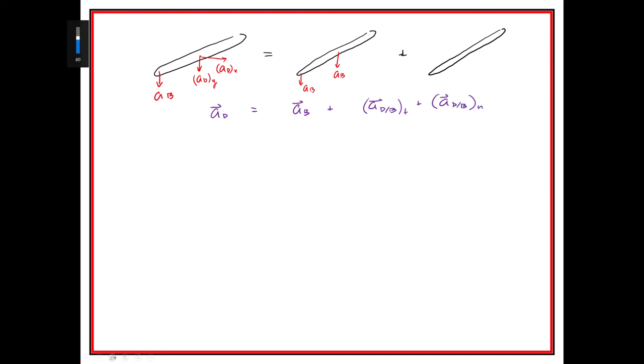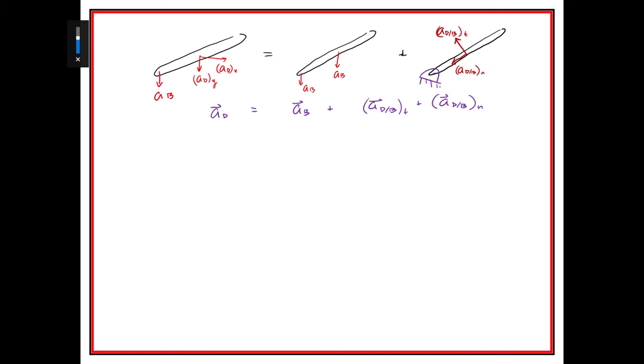So continuing on, now we're going to pivot about B and then draw, we'll make these the darker red. We're going to have a normal, a tangential right here. So this is the acceleration of D with respect to B in the tangential direction, and this is the acceleration of D with respect to B in the normal direction.